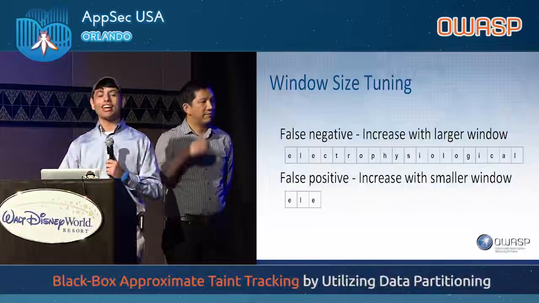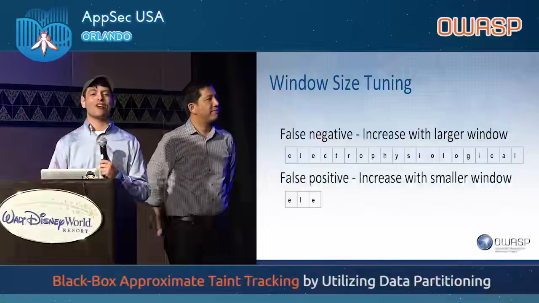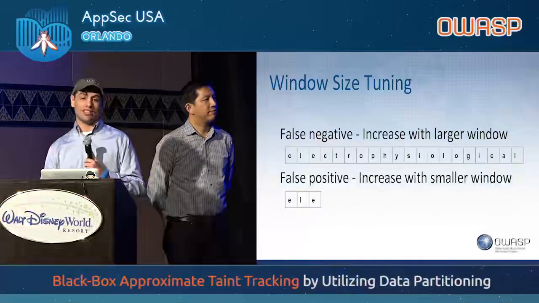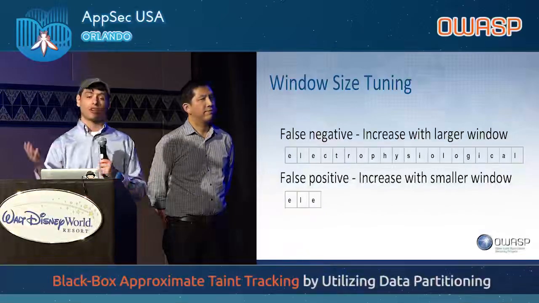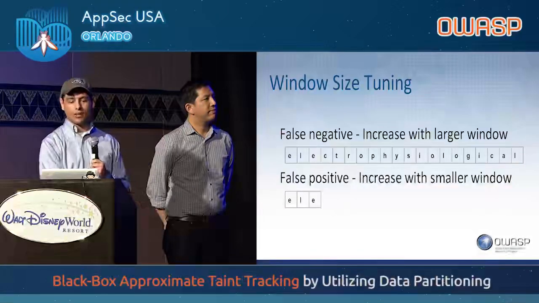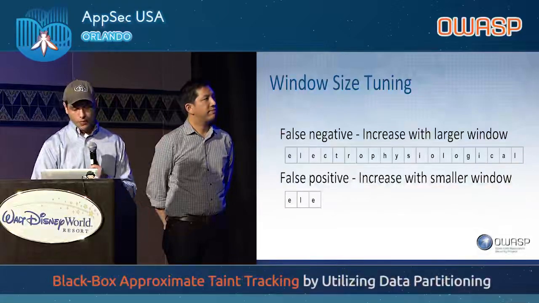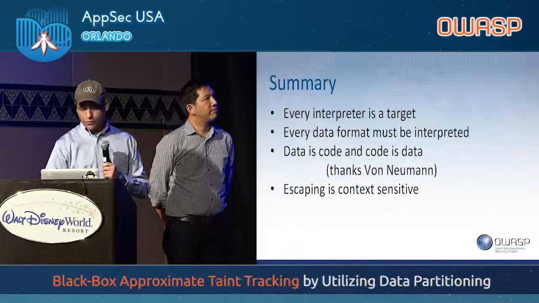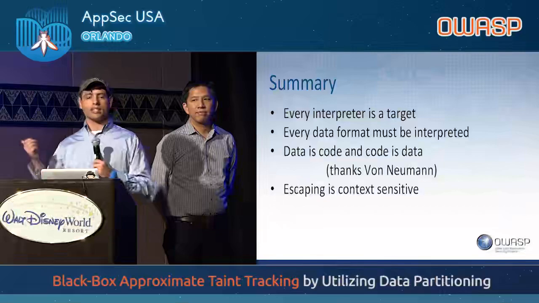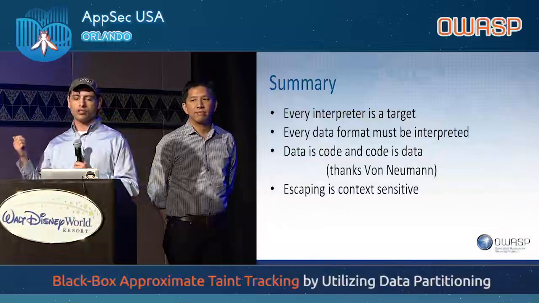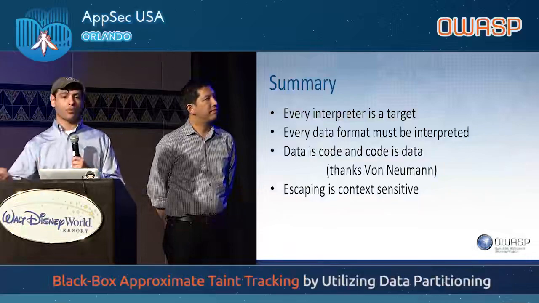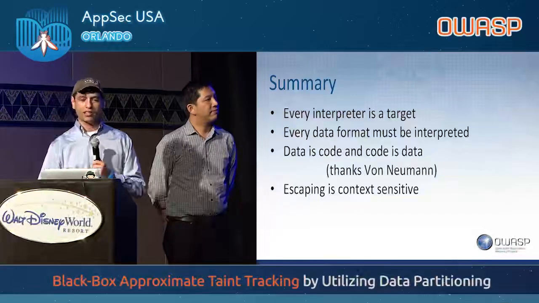That is unlikely to have happened spontaneously. That is almost certainly a taint. But by making the window that large, we're now going to miss things. A short password might go right through, and I'm not going to realize it's tainted if my window's too large. So my main summary is you can tune these approximations to say how close you actually want to make sure that something is tainted.